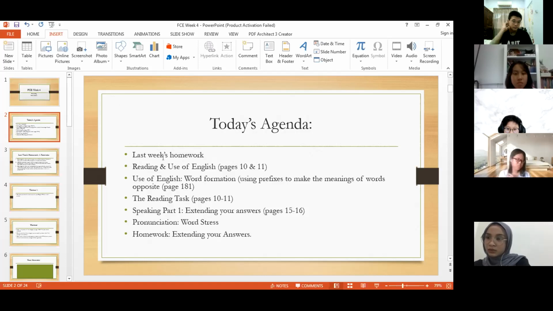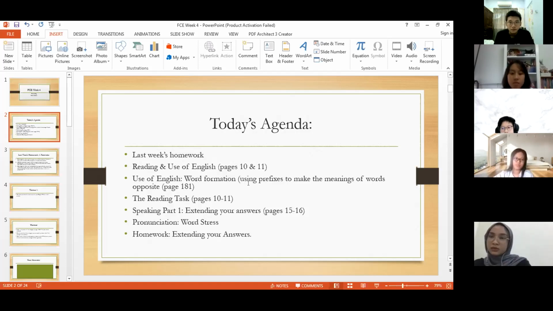Okay. And after that, we're going to move on to looking at some reading and use of English. And for this part, we'll be looking at pages 10 and 11 in your course textbook. When it comes to use of English, we'll be looking specifically at word formation.